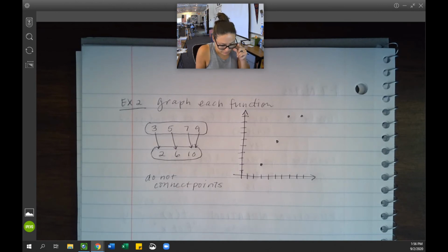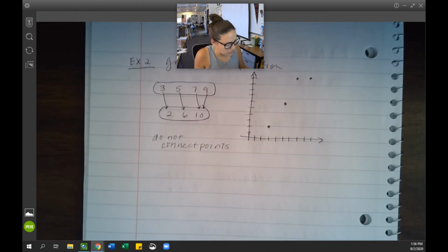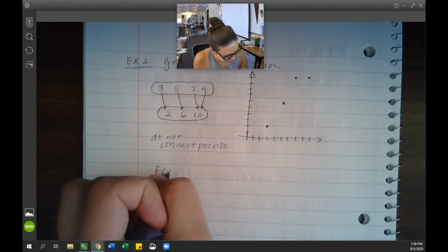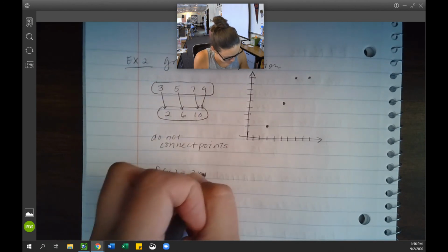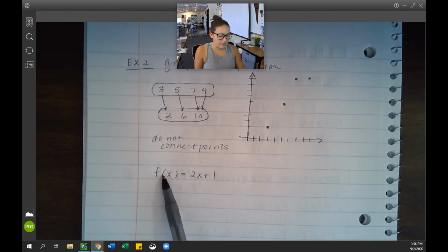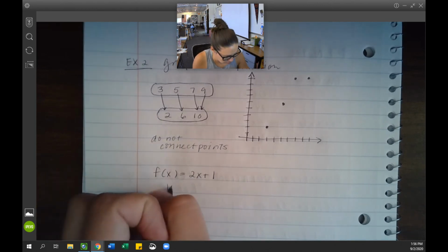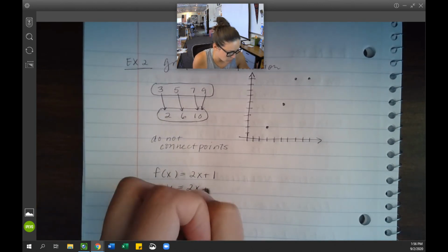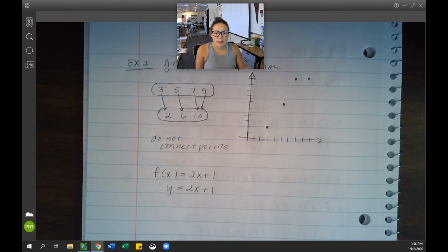Okay? Now, let's look at this one. F of x equals 2x plus 1. That looks familiar, right? Slope-intercept form. Because f of x is the same thing as y. So if you want to think of it as y equals 2x plus 1, you certainly can.